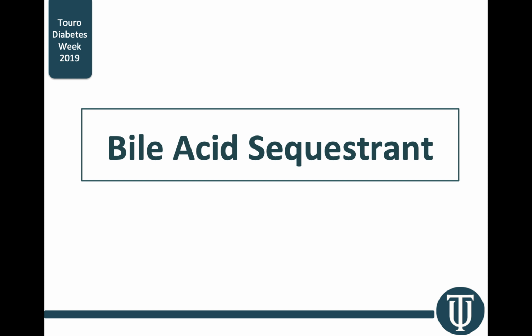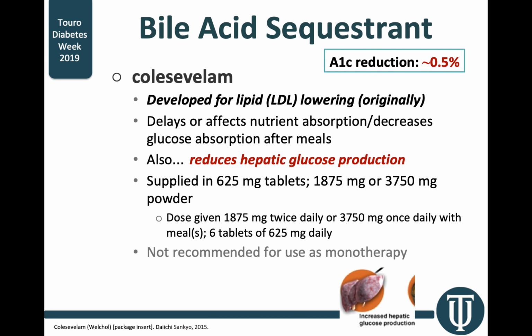The next class is bile acid resin. There's only one agent in this class, called colesevelam. In terms of A1C reduction, you might see maybe 0.5%, so it's not that great.